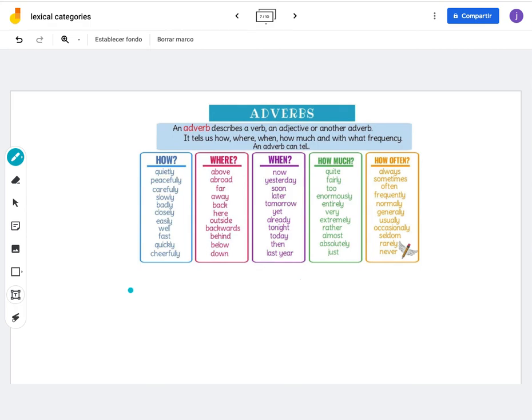I play here football. I play here football. So we can see the word here.